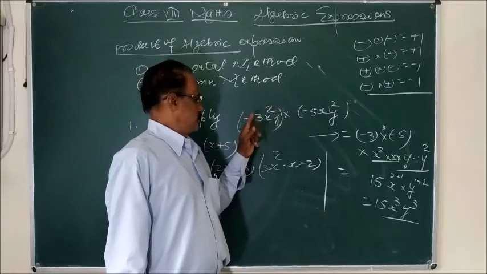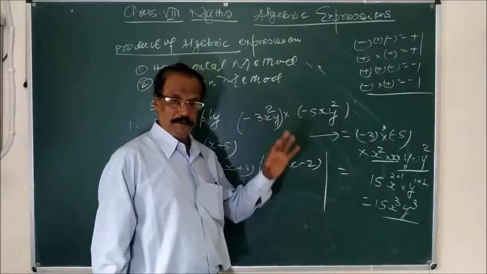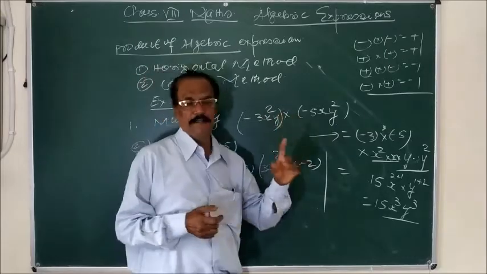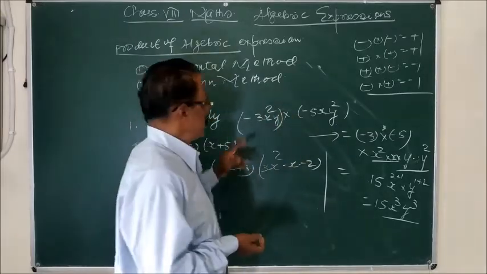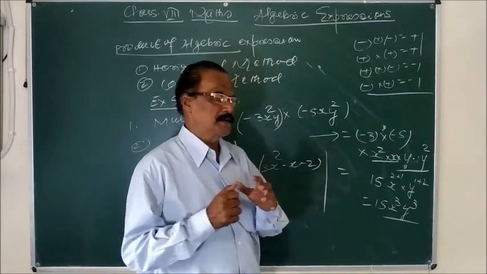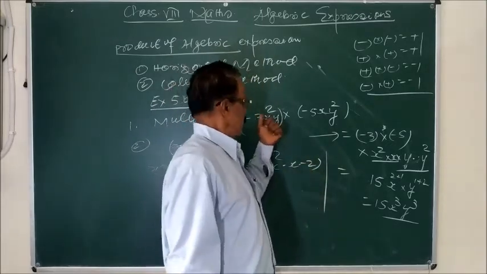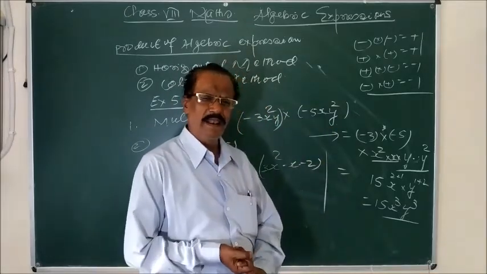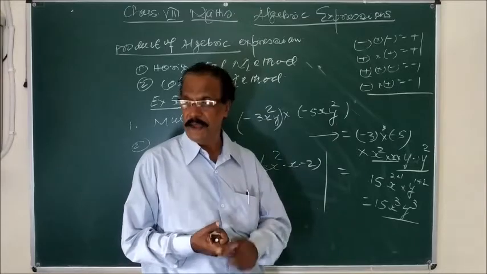Now you see, you have multiplied the coefficients with coefficients, and now you have multiplied the variables. In case of variables, the important point to be remembered is, if we multiply the variables and the bases are equal, then the powers are added.